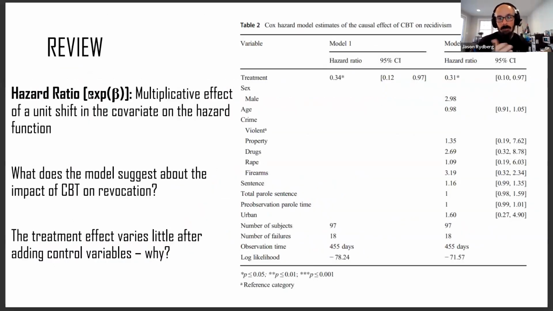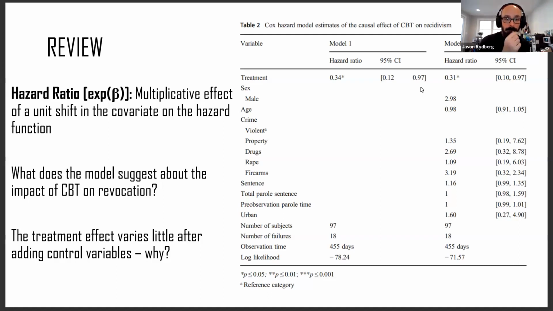So here is a presentation of their results. They're presenting the hazard ratio and a 95% confidence interval for that ratio. And so recalling the interpretation here, the hazard ratio, we're just exponentiating those log hazard coefficients. It's a multiplicative effect of a unit shift in the covariate on the hazard function, again on this unspecified baseline hazard.